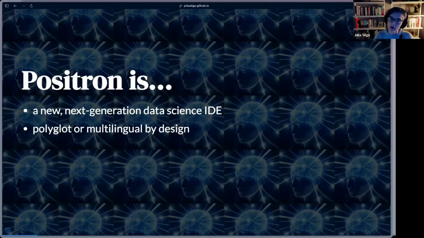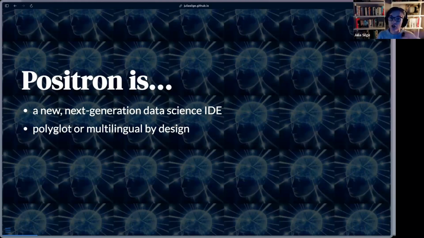Like if you use R together with C++ for building packages, there's really great tooling for debugging and treating your C++ code as nicely as your R code. Or maybe if you're someone who uses R with JavaScript, like you build maybe complex Shiny apps, you can have the same kind of treatments for your JavaScript files that you have when you work with R.